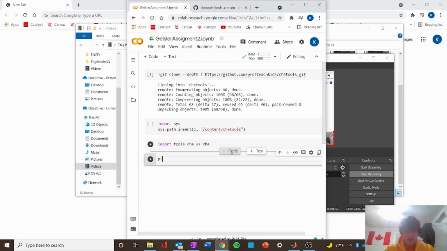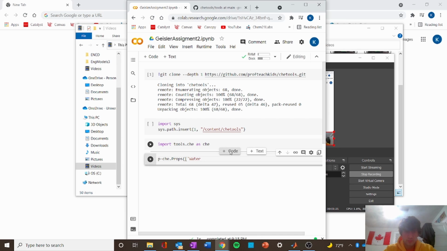We add more code, and we're going to put in our equation. So P equals CHE props, and that's going to be our water. We need to add these.